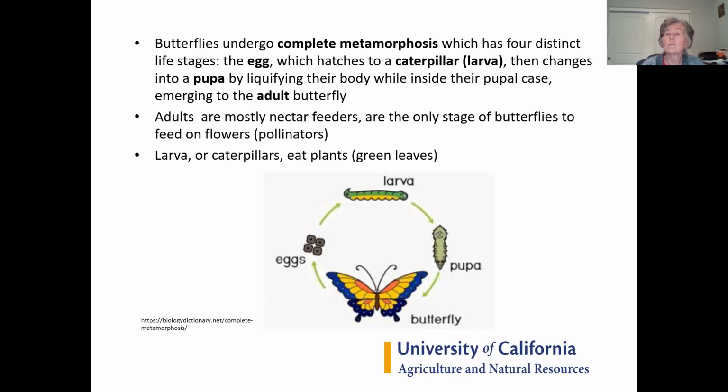So they have four very distinct stages: the egg, which hatches to a caterpillar or larva, then changes to a pupa, liquefying their body while inside the pupal case, and finally emerging into the adult butterfly. Adults are mostly nectar feeders. They're the only stage of butterflies to feed on flowers, and they're pollinators. Larvae or caterpillars eat plants, green leaves.